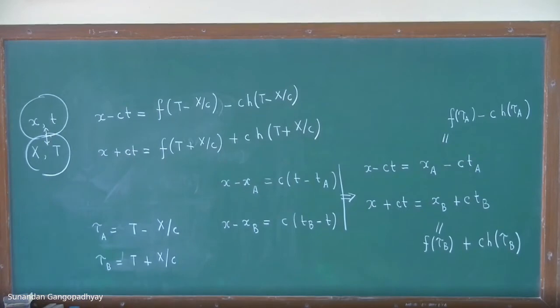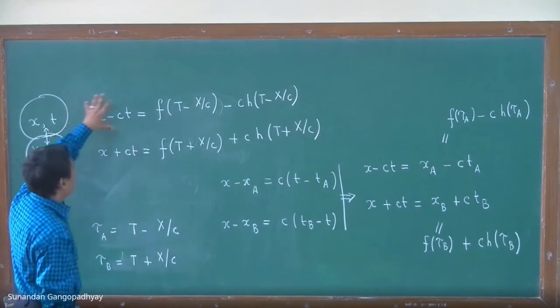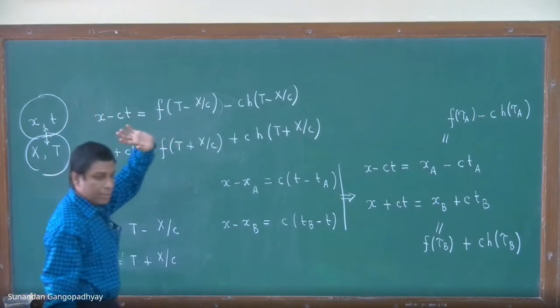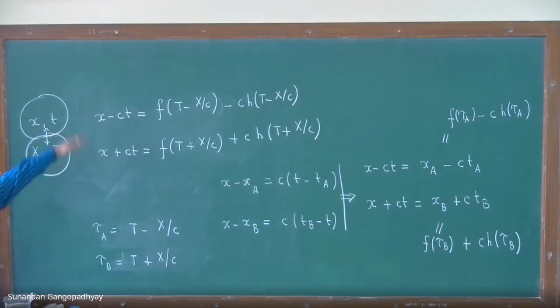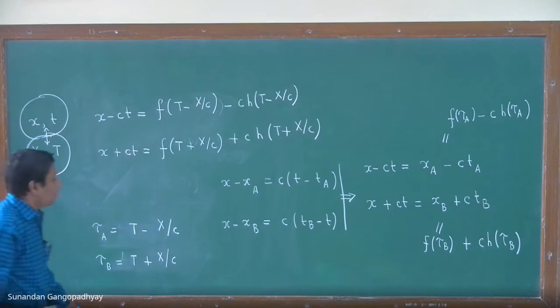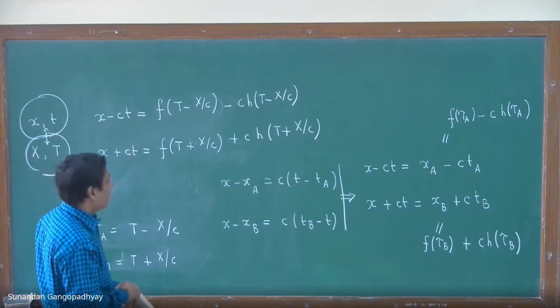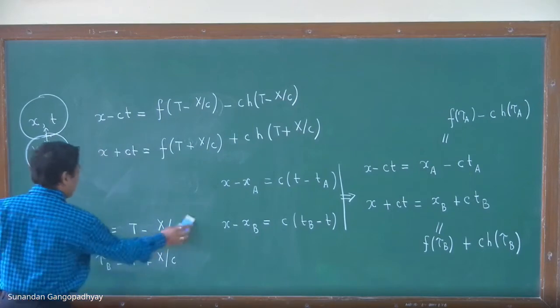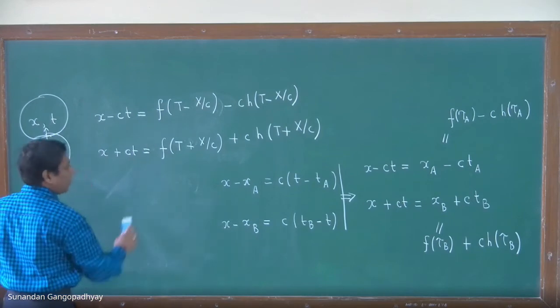So we have got the connection. In general, the relations between x, t and capital T and capital X are as follows. These are the general relations where the observer is moving along any arbitrary trajectory. You are not aware about what is the functional form of this trajectory. So you have got some general relations.